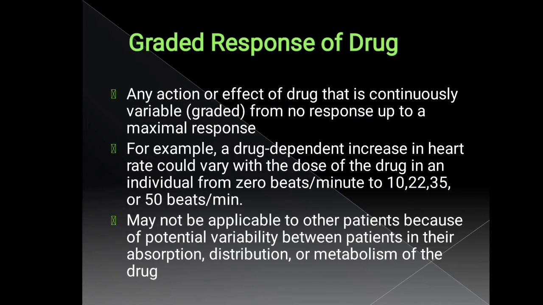For example, a drug-dependent increase in heart rate could vary with the dose of the drug in an individual from 0 beats per minute to 10, 22, 35 or 50 beats. Means the beats depend upon the drug dose. This may not be applicable to other patients because of the potential variability between patients in their absorption, distribution or metabolism of the drug.